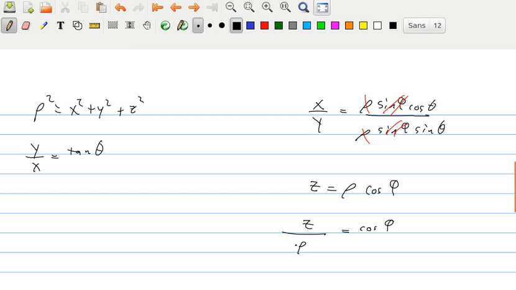And now rho, we actually figured out from before, is the square root of x squared plus y squared plus z squared. So this says that cosine phi is z over the square root of x squared plus y squared plus z squared. So this gives you a way to solve for phi, solve for theta, and solve for rho. So this is how you convert from rectangular coordinates to spherical coordinates.